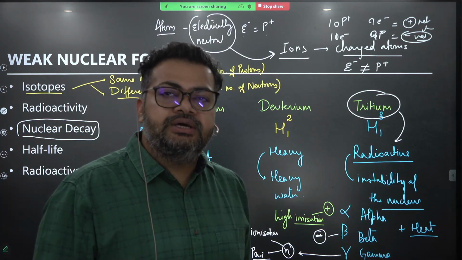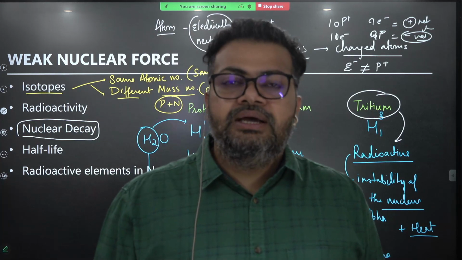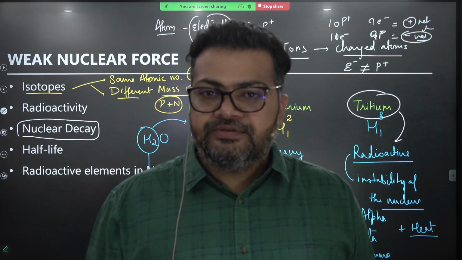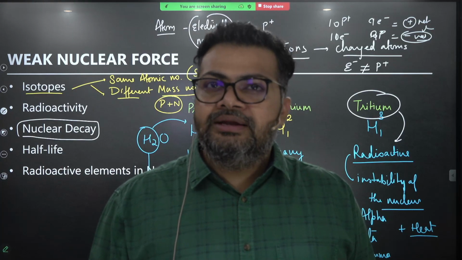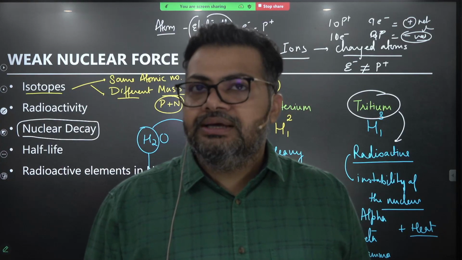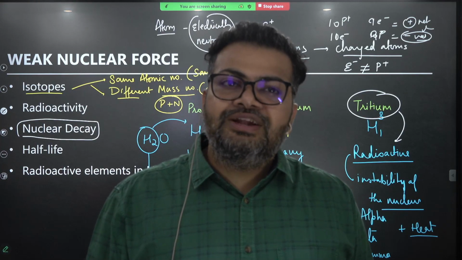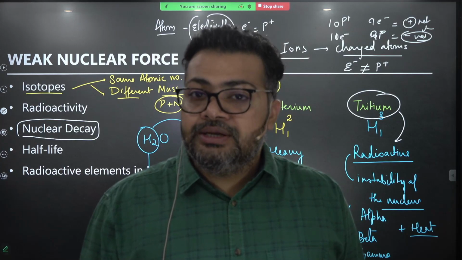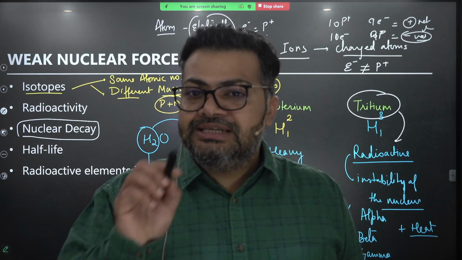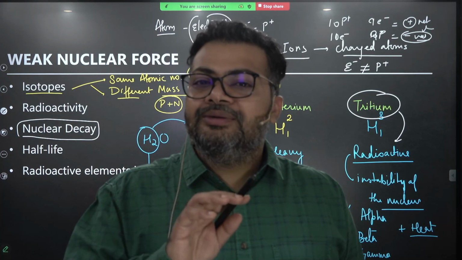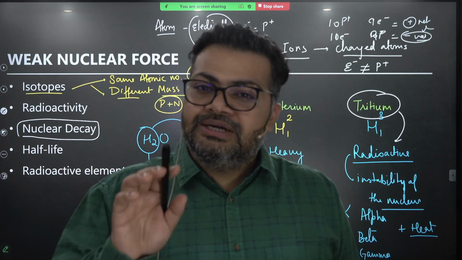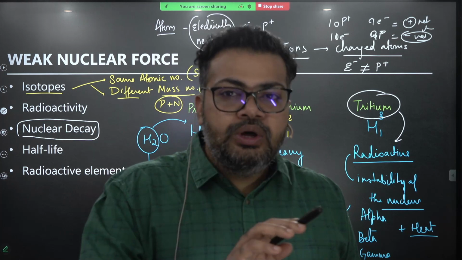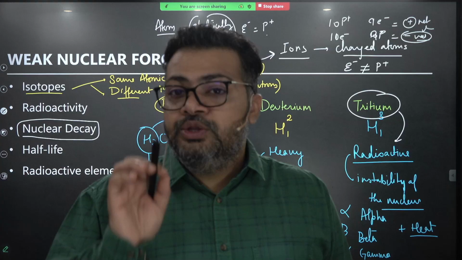So guys, my question to you is, if tritium is radioactive, it will remain radioactive until it has all the instability. But what will happen when tritium loses the instability? As tritium loses its instability, it will not remain tritium any further. It will transform from tritium into the nearest stable nucleus.